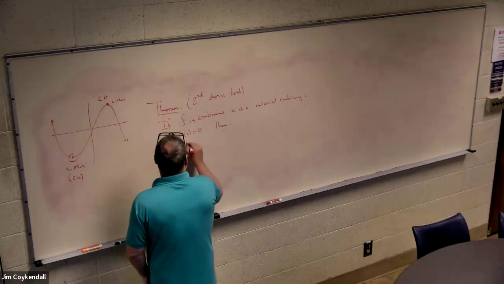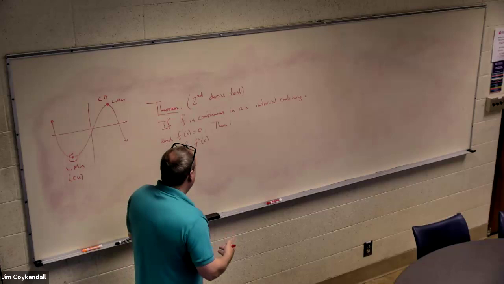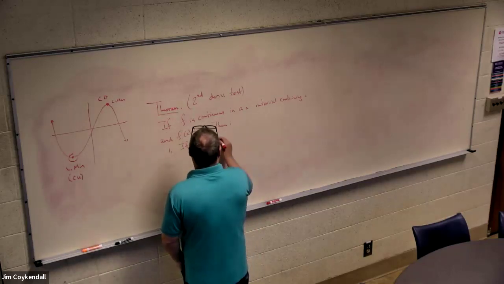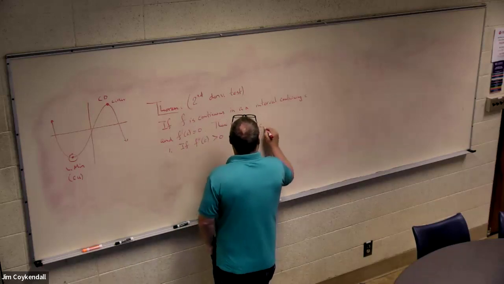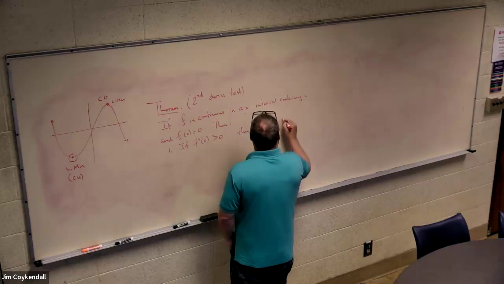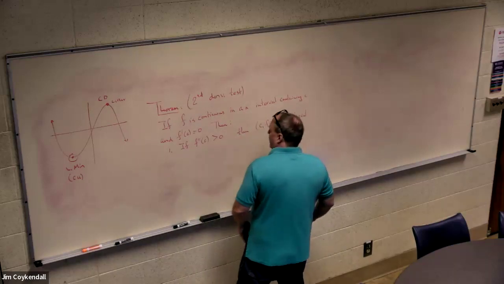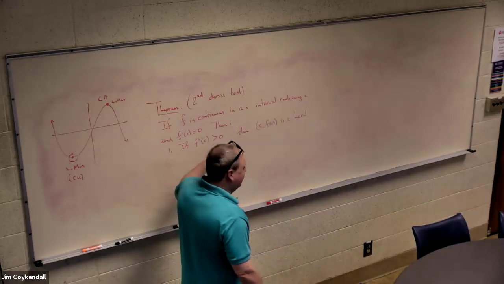1, if f double prime of c. So take the second derivative, assuming you can. If this is bigger than 0, then f of c is a local min. Let's see, f double prime of c being positive means it's smiling.